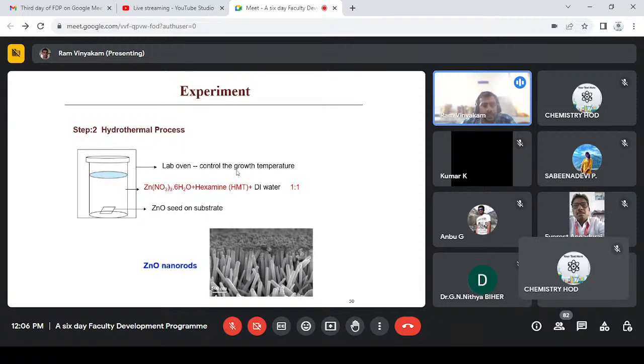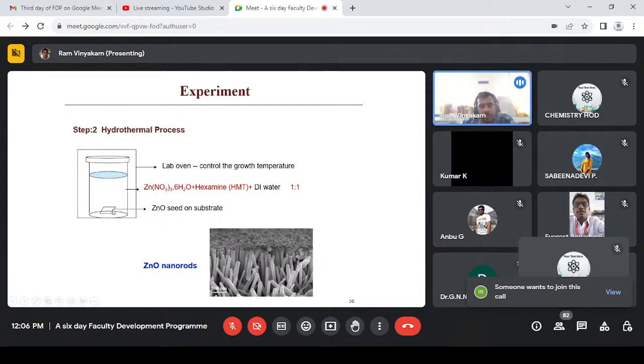We take zinc nitrate and HMTA, a cage-like structure which will control the formation of OH when the temperature increases by dissociating into ammonia, which leads to reaction with the zinc cation and forms zinc oxide.